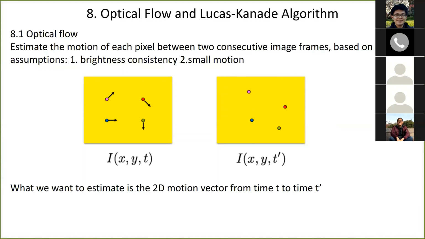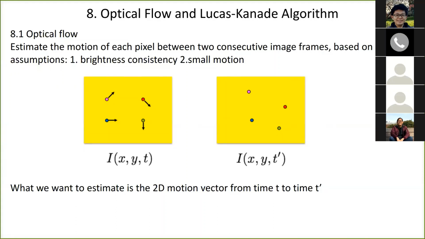This searching of correspondence actually consumes a lot of time. So a more efficient way is to just use an algorithm to compute the location of this point in the next frame. Thus, we can form a correspondence in another approach.